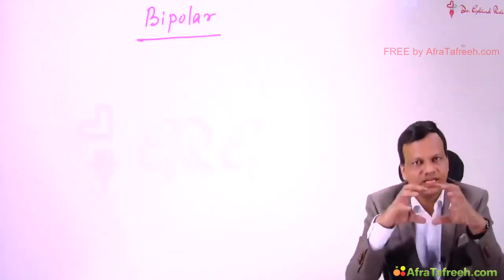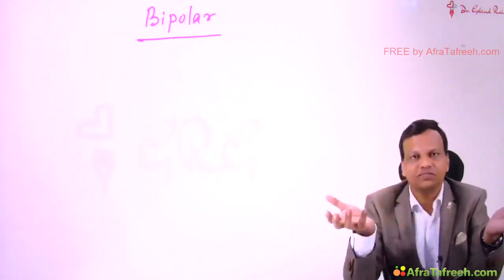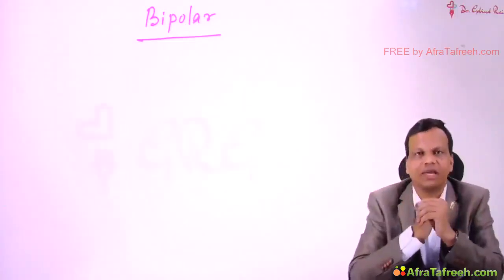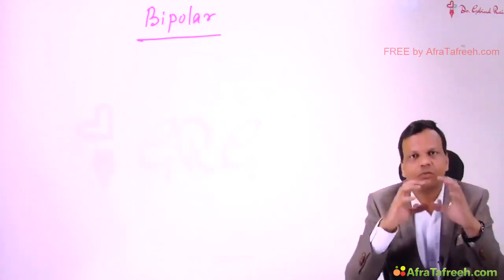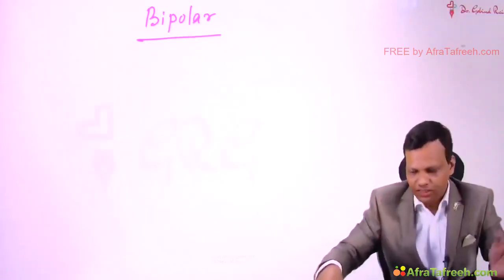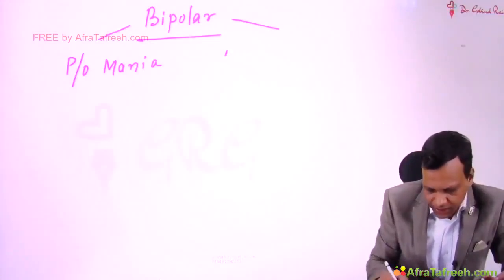Yes, we give the drug at this time to prevent the person from going into mania or depression. This is known as treatment of bipolar disorder. So treatment of bipolar disorder itself means we want to prevent mania or depression. Okay? So in bipolar disorder, we can give a drug to prevent mania, or we can give a drug to prevent depression.